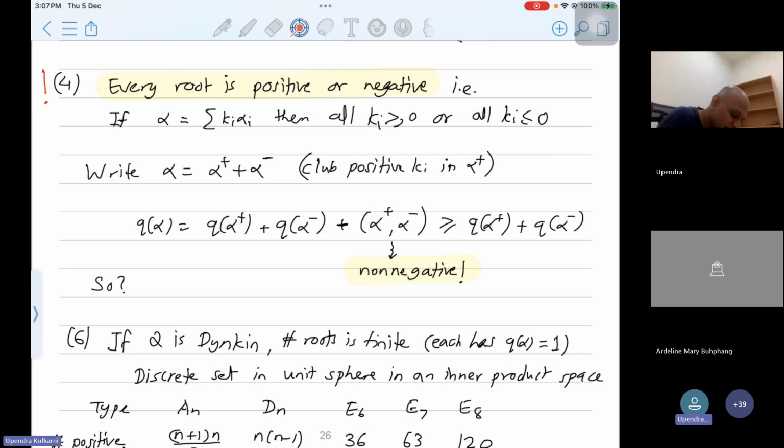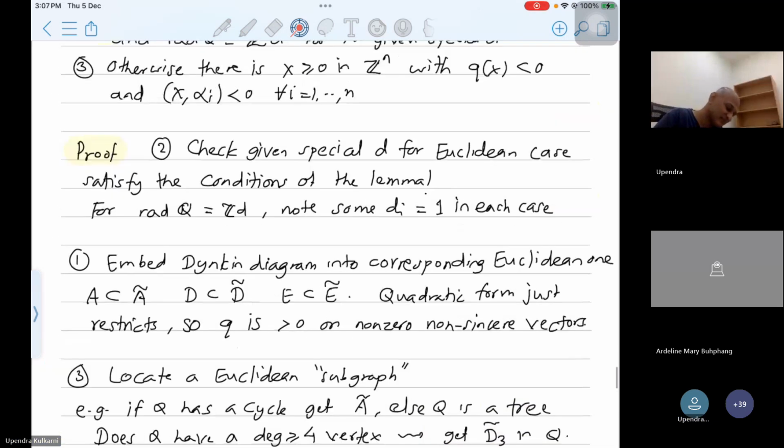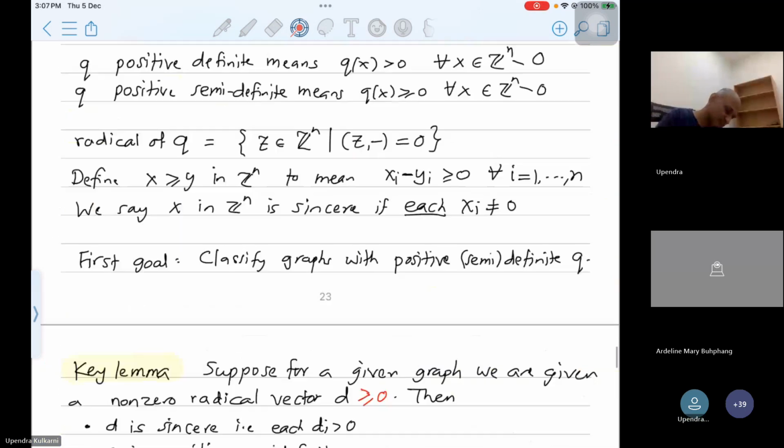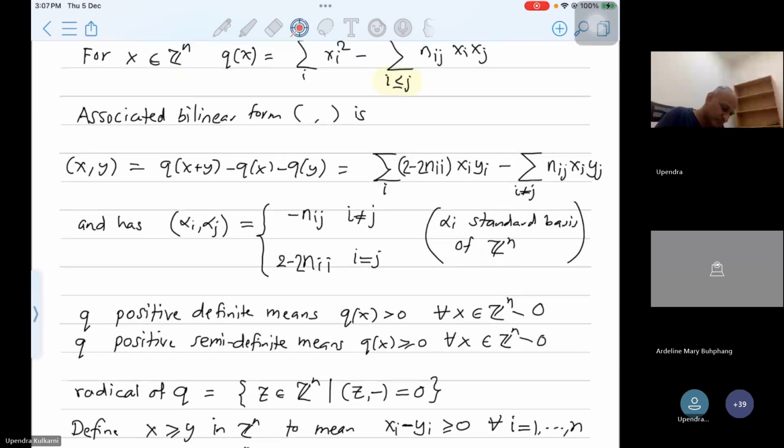Remember, alpha plus and alpha minus do not share any vertex where both are non-zero. I'm just going to get sums of such terms, right? This case will simply not arise when I open the parentheses. So every term that I get, when I calculate alpha i occurring in one and alpha j occurring in the other, is going to be negative.